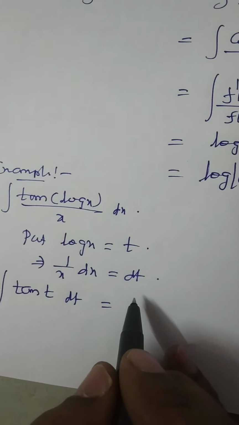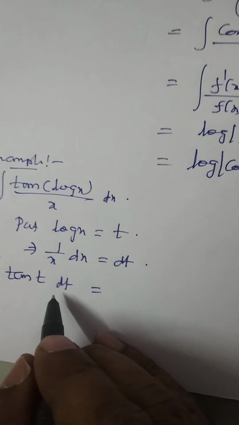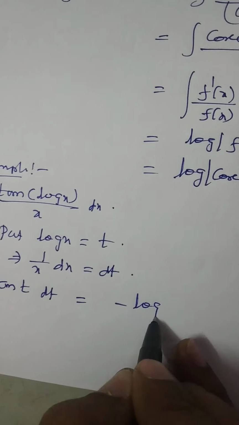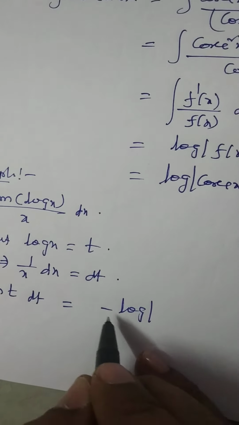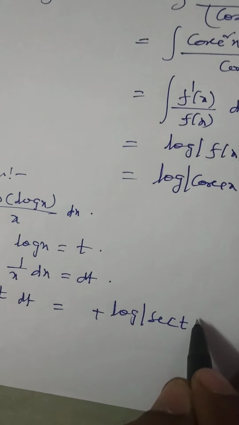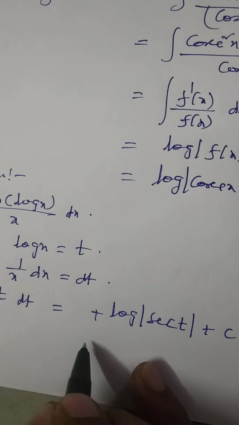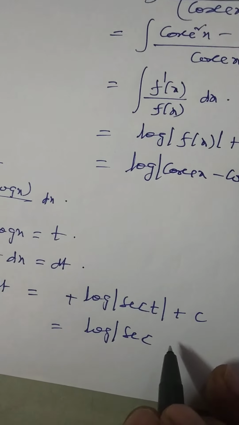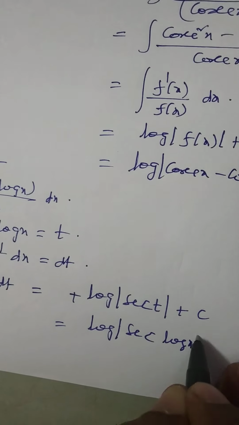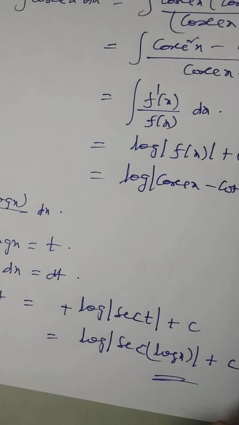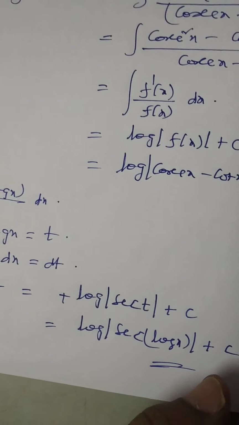So this is equal to the integration of tan t, which is minus log of cos t, or log of secant t is also correct. So log of secant t plus c, where t is log x, so log of secant of log x plus c.